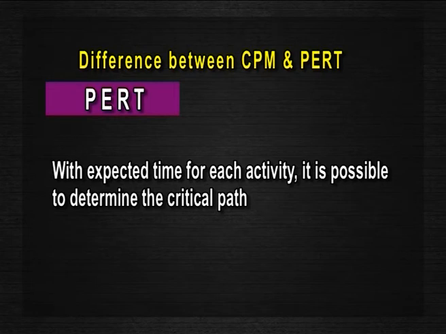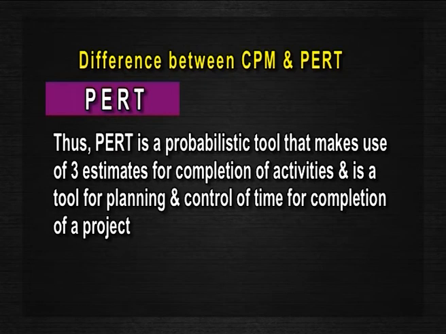With expected time for each activity, it is possible to determine the critical path. Thus, PERT is a probabilistic tool that makes use of three estimates for completion of activities and is a tool for planning and control of time for completion of a project.